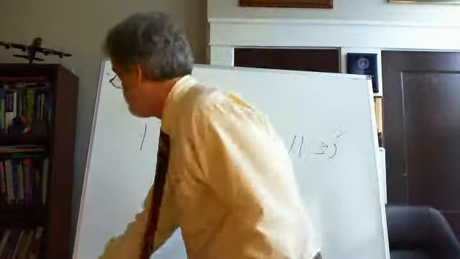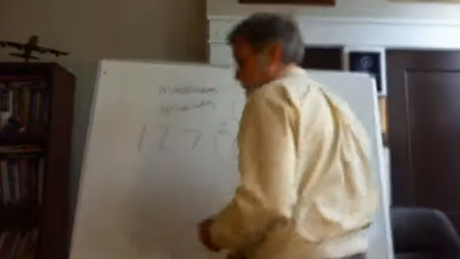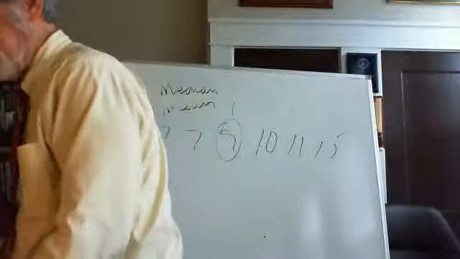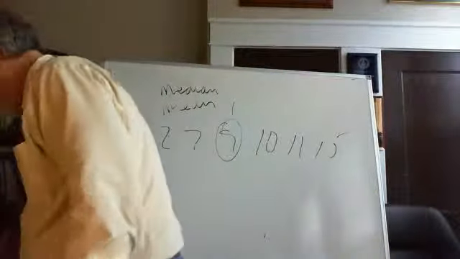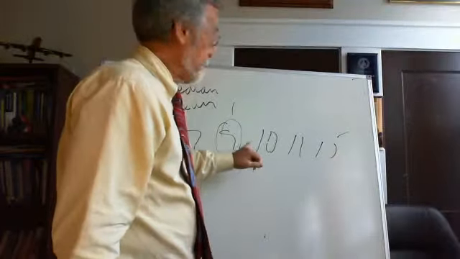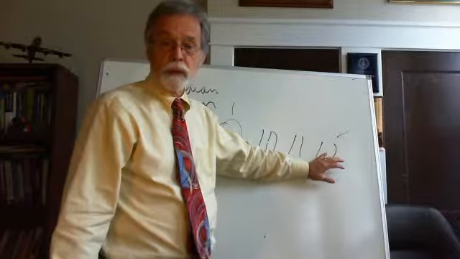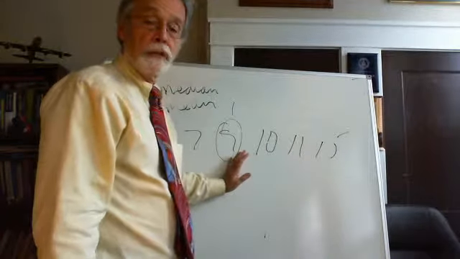If we have a mean here of 15, and if we were to add 20 to this and make this 35, then that would change the mean.